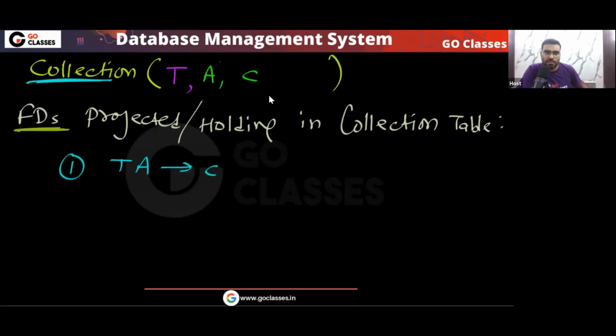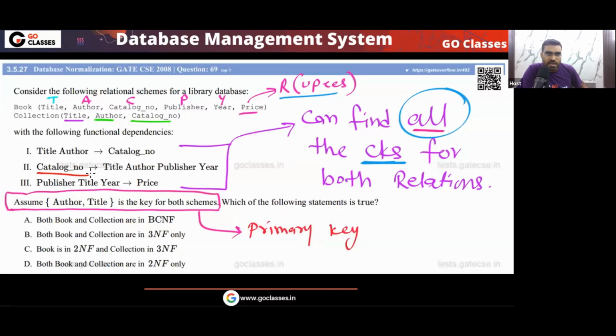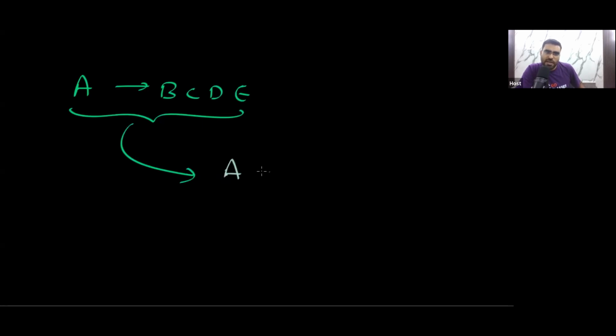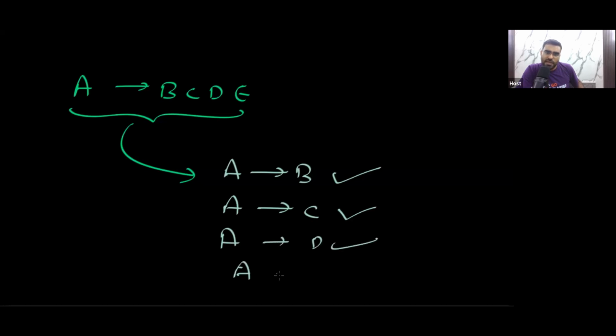What is another? Yes, there is another: C implies TA. You can split on RHS. Yes or no? FD we can split on RHS. See, if you have A implies B, C, D, E, then it simply means A determines B, A determines C, A determines D, A determines E. Is this clear?